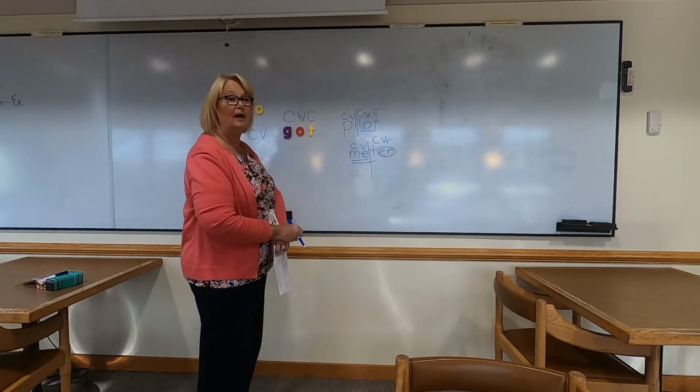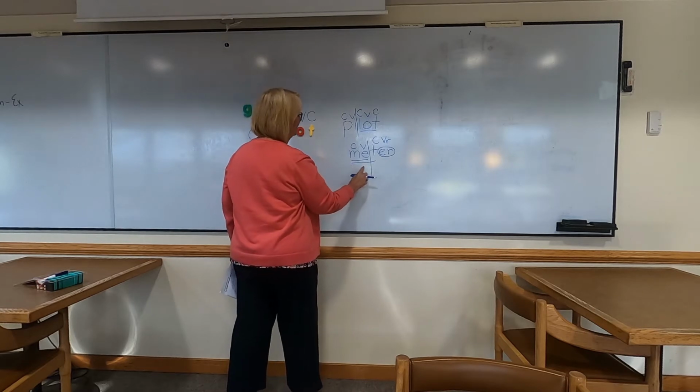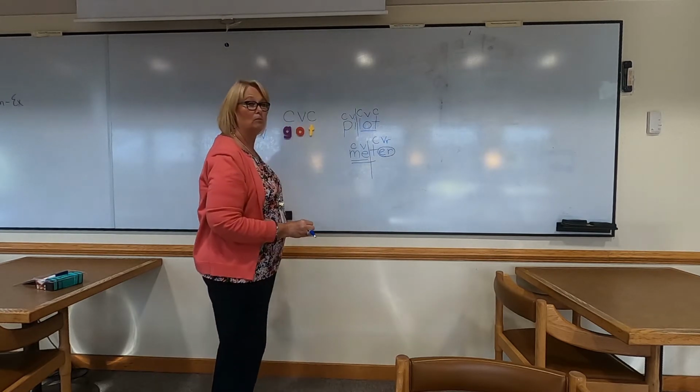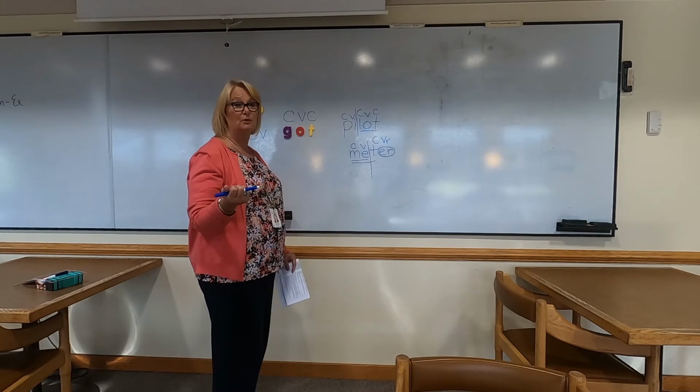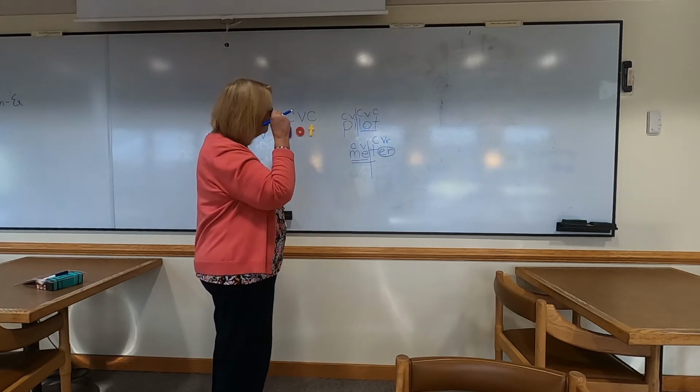So if I divide this word up and try and stretch it out, I might say meter. Yeah, that's a word, isn't it? Meter, like your mom or dad might put money in the meter when they park downtown.